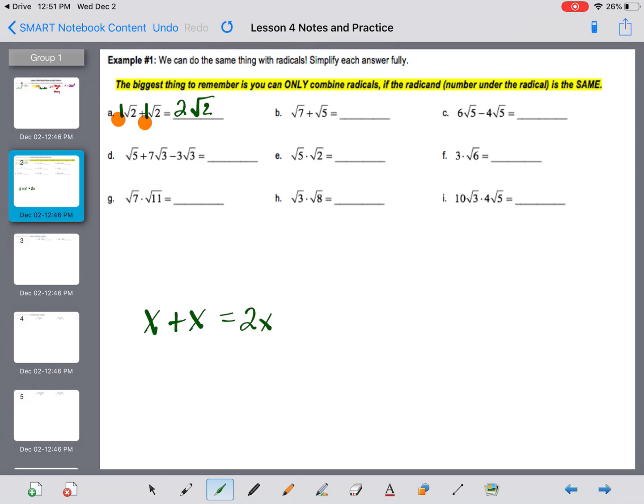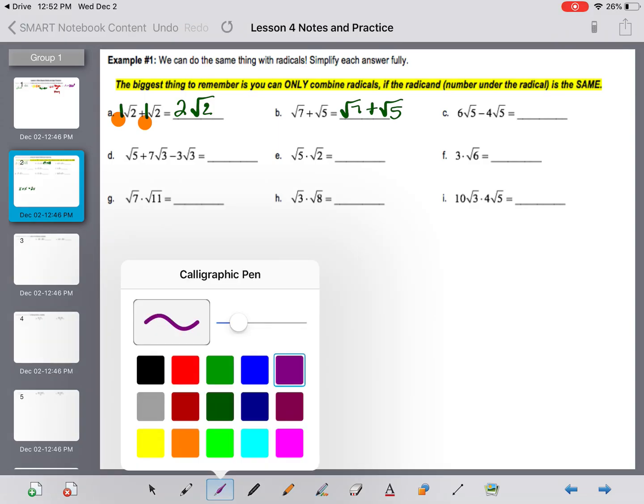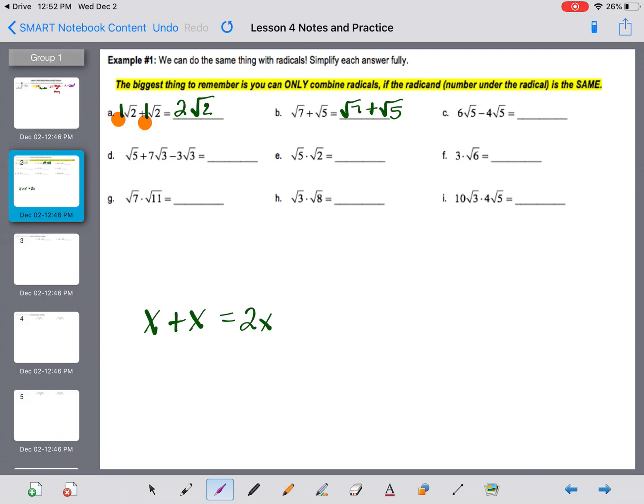If we take a look at B, they are not like terms. One's radical 7, the other one's radical 5. So because they are not like terms, there's nothing we can do. We can't combine anything. So you literally just leave it as radical 7 plus radical 5. With C, again, these are like terms. They have the same radical.